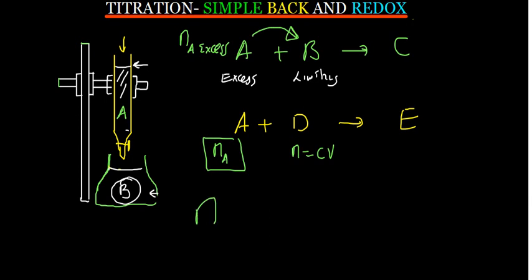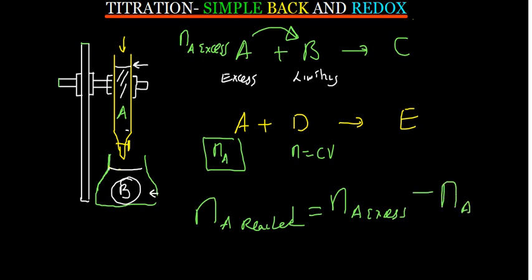So number of moles of A that reacted in the first reaction is going to be equal to number of moles of A which is in excess minus the number of moles of A which reacted in the second reaction here. So that will give you the number of moles which reacted in the first reaction with B. So if you know the number of moles of A that reacted in the first reaction, you can now determine how much of B reacted.